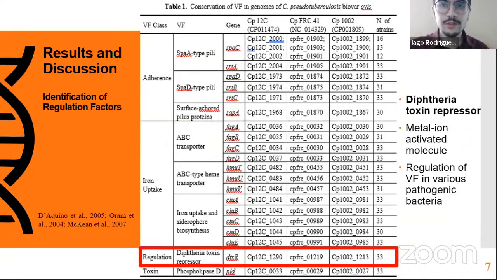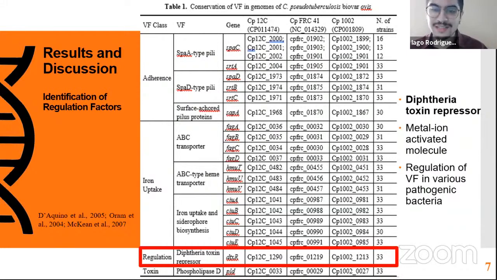So continuing to the next type of virulence factors observed, we identified the class of regulation factors, in which we can highlight the diphtheria toxin repressor DTXR, a metal ion activated molecule that acts as a transcriptional regulator in different species like Corynebacterium diphtheriae, Corynebacterium efficiens, and also in all of our analyzed strains here.